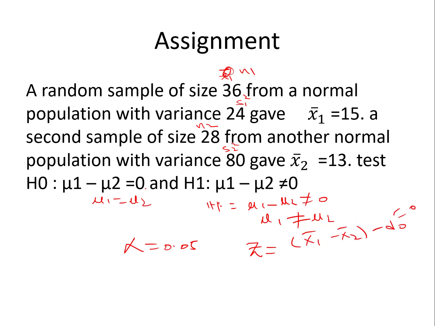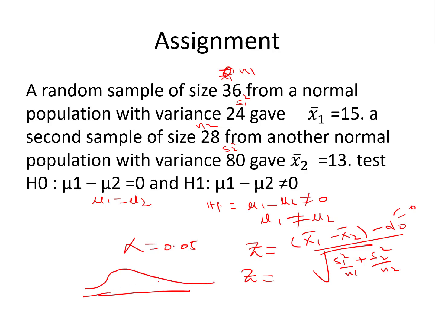The difference is equal to 0 in this one because they already show you, divided by the square root of s1 square over n1 plus s2 square over n2. In this way, when you calculate the z value, you will construct a critical region. Definitely your critical region will be a two-tailed test because this is already mentioned. This is your rejected region, this is your rejected region, and this is the accepted region.